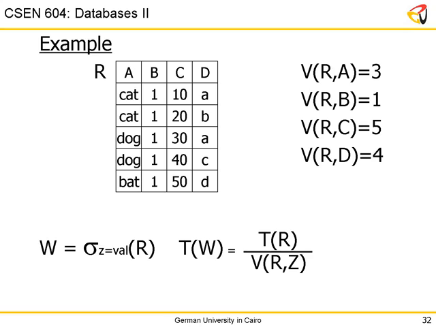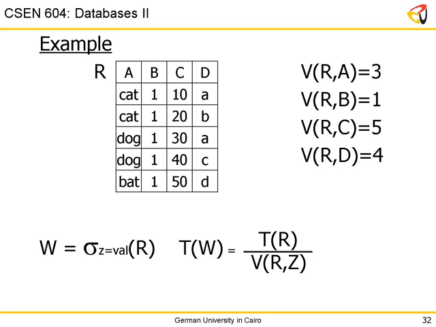I don't think about the case where the val does not exist in the table, because the result set is going to be 0 anyway. I'm always thinking about the case where the value exists in the table. So if I'm running the query on column A, and what I'm looking for indeed exists, then it's going to be 1 out of 3: a cat, dog, or bat. So it's 1 out of the 3 possibilities.